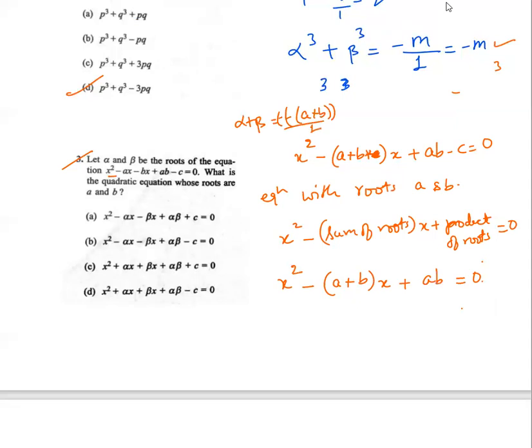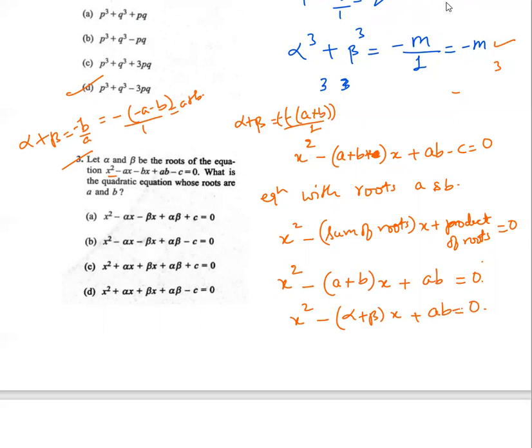Okay, because sum of roots is what? Alpha plus beta is minus b by a. So here negative b is the coefficient of x, so minus a minus b, right? Minus is already outside, minus a minus b divided by 1, which is a plus b. Okay, so alpha plus beta is a plus b. So I can write x square minus alpha plus beta into x plus a into b is equals to 0.